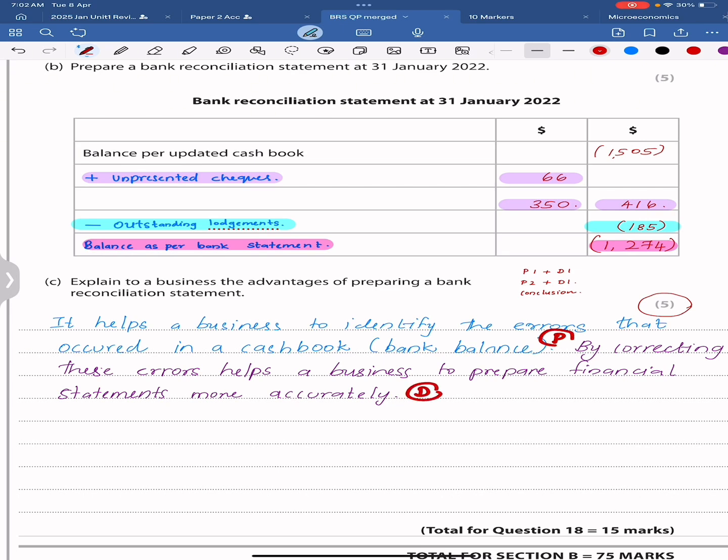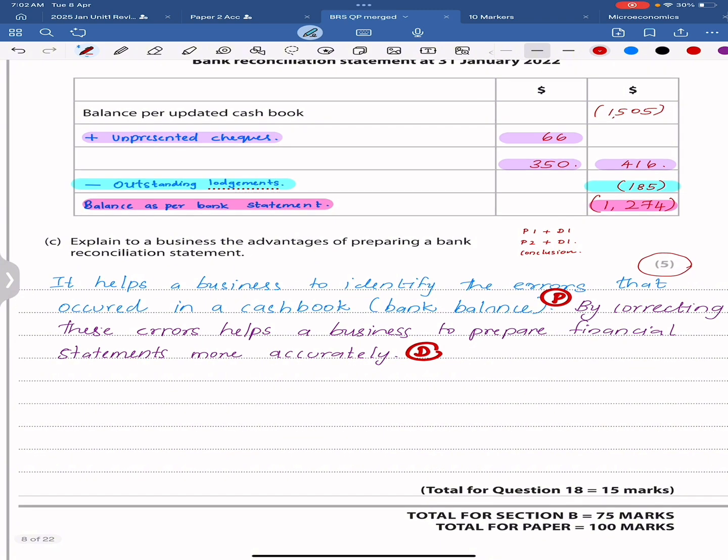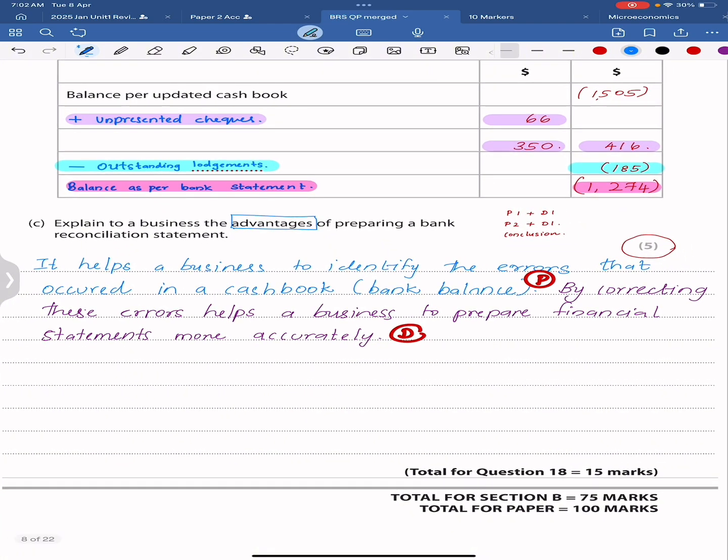Now let's identify another identification followed by development. Think about another advantage. Try to give a development point for your second advantage.